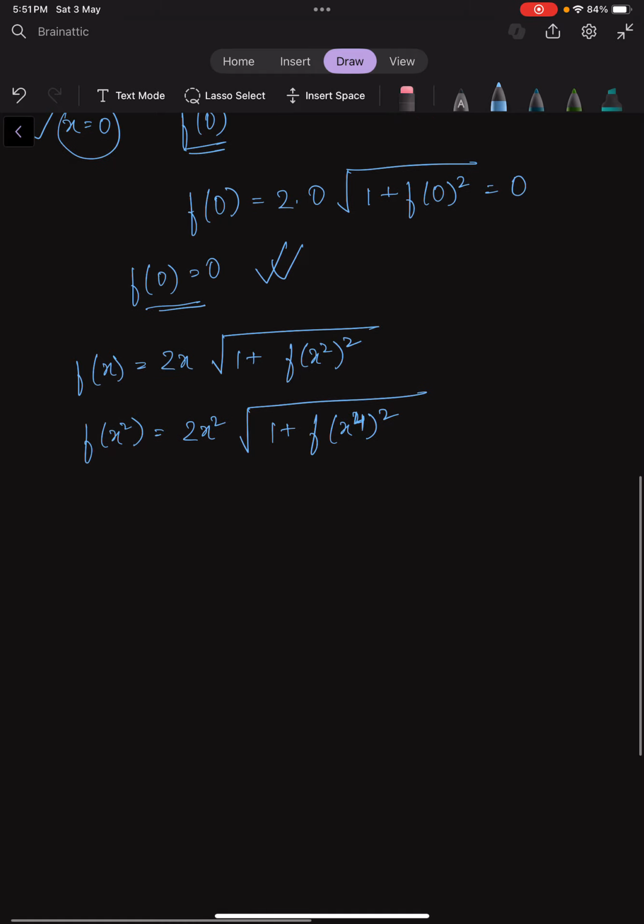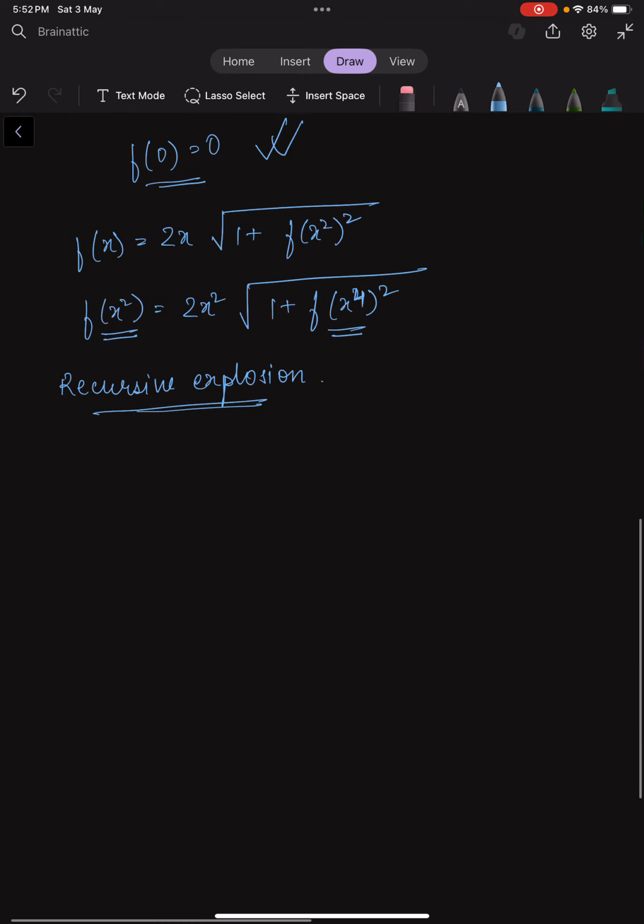Correct? So what happens here is what we call a recursive explosion, because you're looking for f of x^2 and you're getting the term f of x^4 inside. This is an ideal case for recursive explosion. If I write the expression, you'll understand it better.